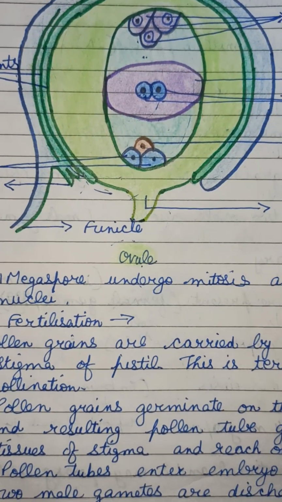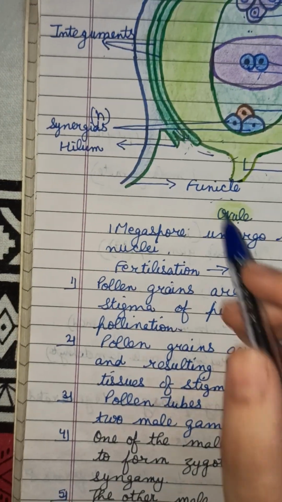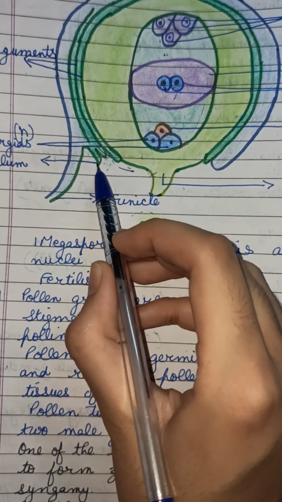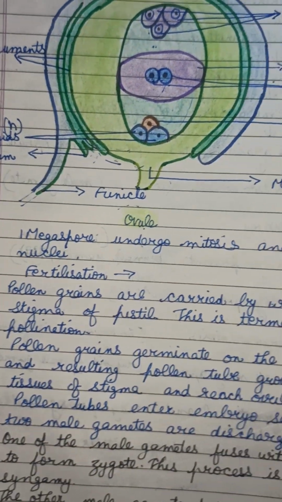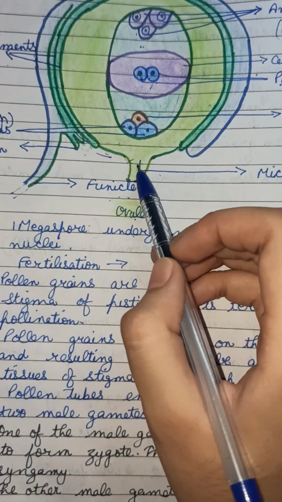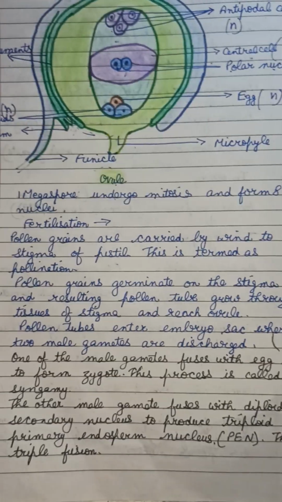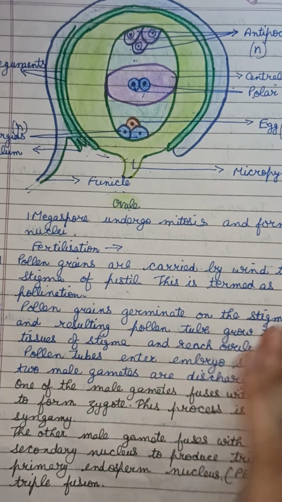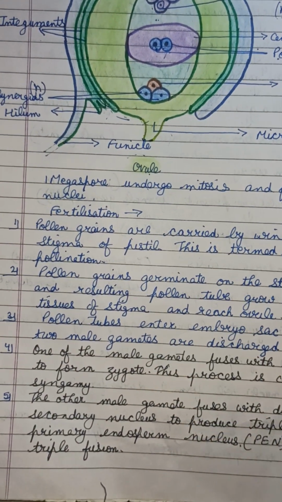These all are haploid cells, and this is our hilum. This is a stalk called the funicle, which is attached to the micropyle through the hilum. So now we can easily understand the sexual reproduction in flowers by these 8 to 9 lines.